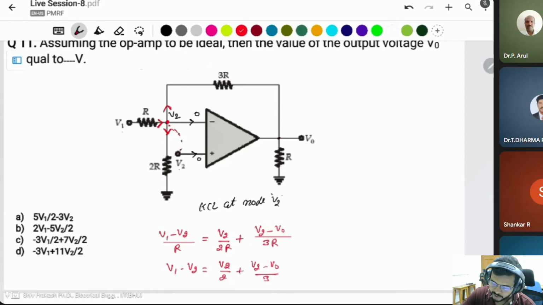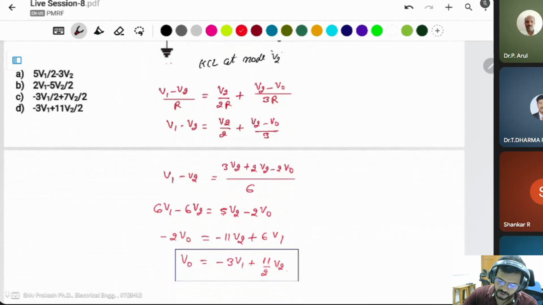Incoming current is the voltage difference, V1 minus V2, divided by this resistor, equal to this current V2 minus 0, this is the ground, divided by 2R, plus V2 minus V0 divided by 3R. Then you have to solve this equation and you get the output voltage in terms of V1 and V2.